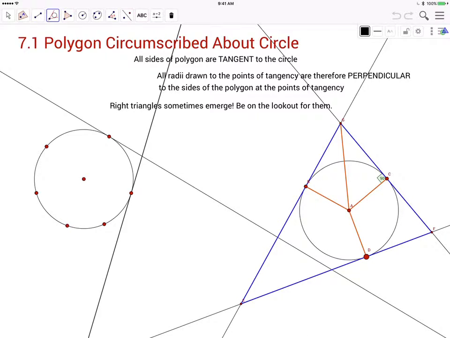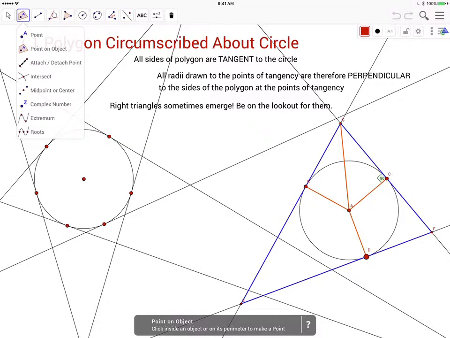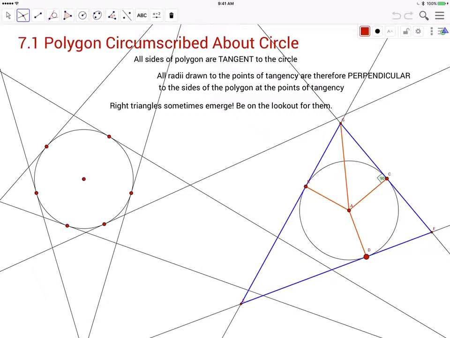Tangent and circle. Tangent and circle all the way around the circle. And then we can go in and find out the intersection points. So there's an intersection point here and here and here, there and there. We could change the colors if we had time to do that.